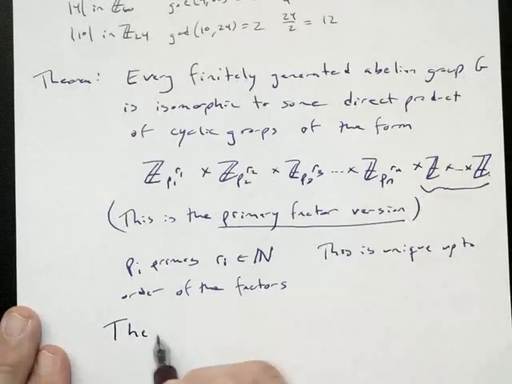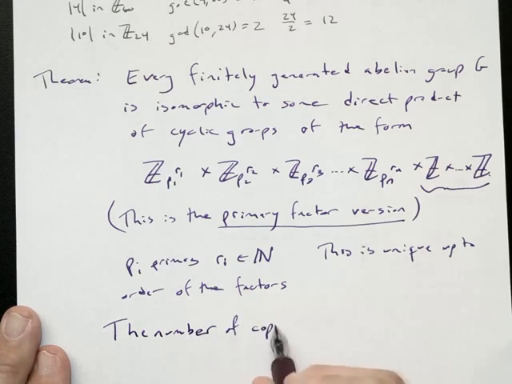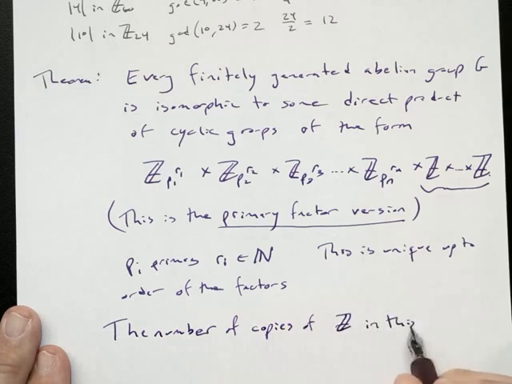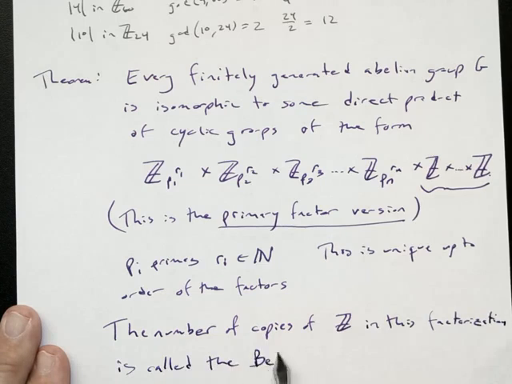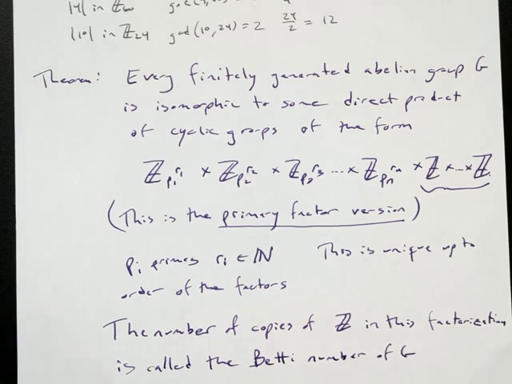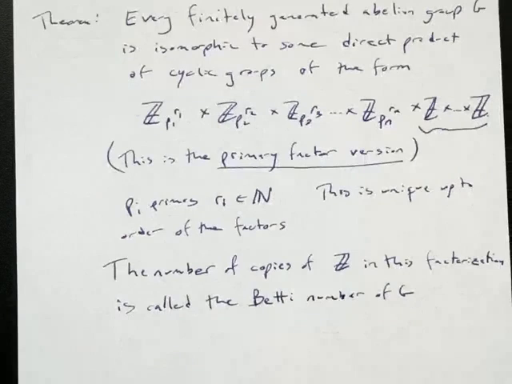The number of copies of Z in this factorization is called the Betti number of G. If my group is finite, then the Betti number is 0. Like Z8 by Z9, 72 elements, we have a Betti number of 0.